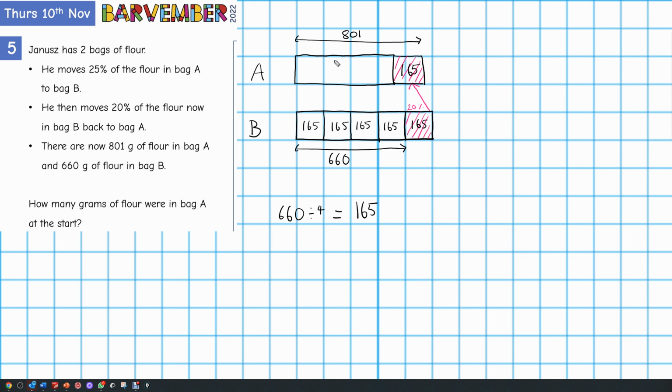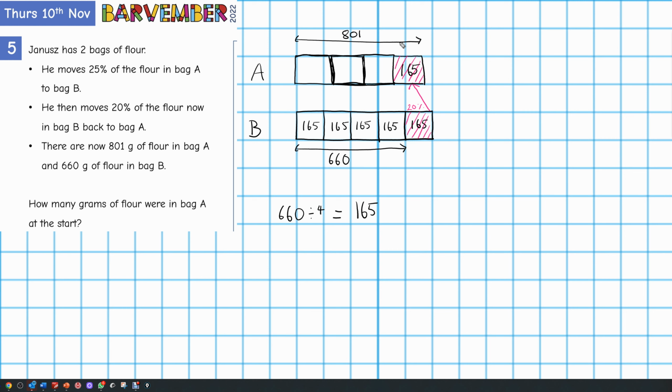These 3 very badly drawn parts are not the same as these parts. These are the 3/4 that were left after Janusz moved a quarter or 25% of his flour into bag B.